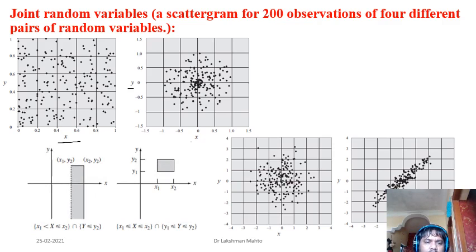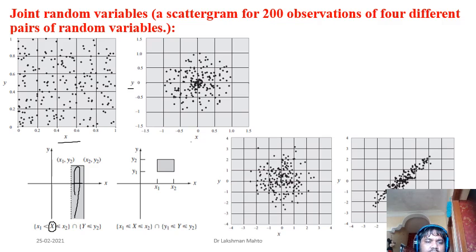Another piece of joint random variable I will talk about here. Suppose we have one random variable x, and that x is taking values continuously between the interval x1 and x2. That means x is taking values from here to here. And y is another random variable which is taking values less than or equal to y. In that perspective, what is the joint area?